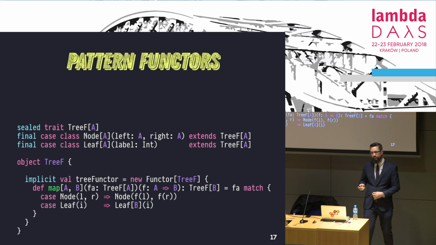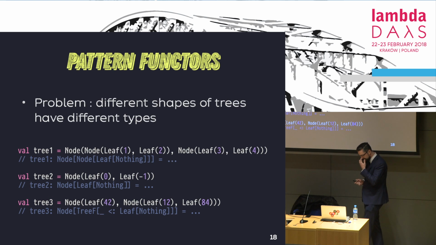But there is a problem when we do that, because we become unable to have a single type for all our trees. Now the depth of the tree appears in its type, right? Here I have a two-level-deep tree, and its type is Node of Leaf of Nothing.